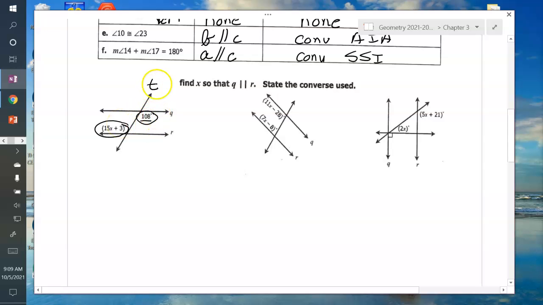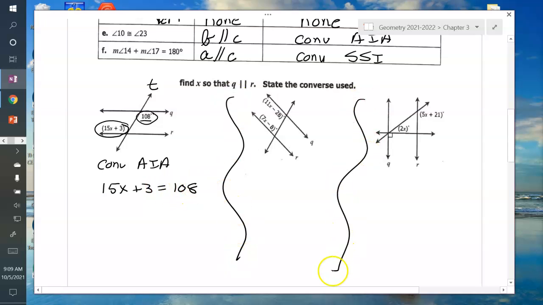Those are on the opposite sides of the transversal, and they're inside lines Q and R. So therefore, I'm going to use converse of alternate interior angles. And that says that they have to equal each other. So 15x plus 3 has to equal 108.